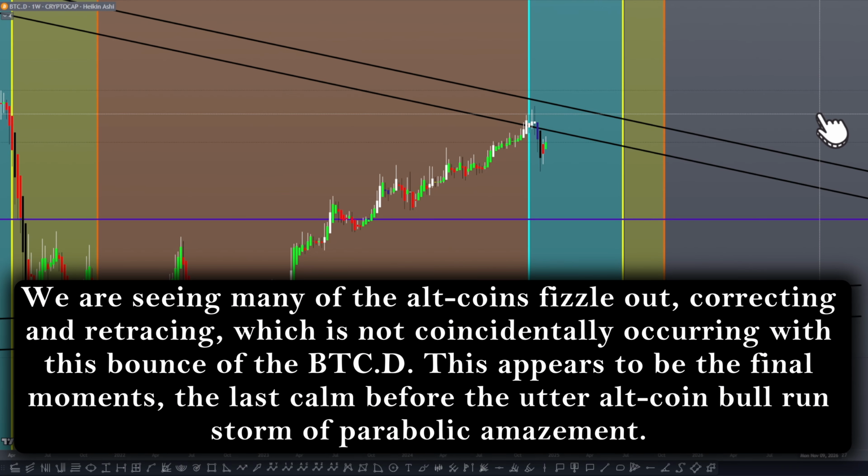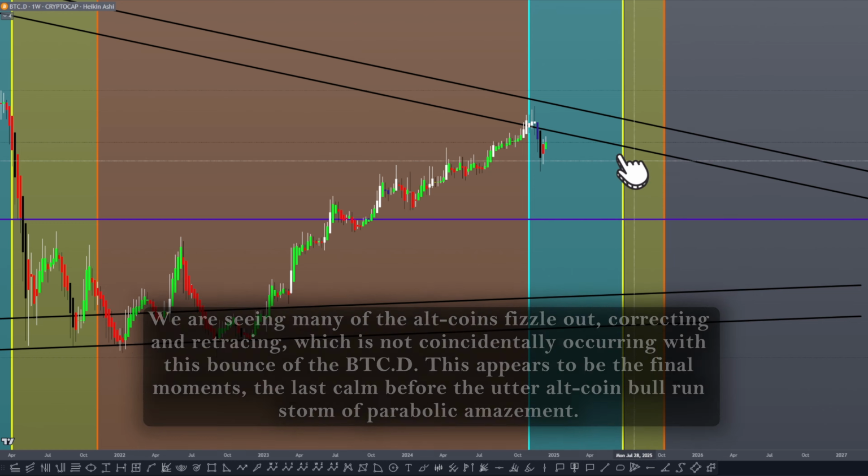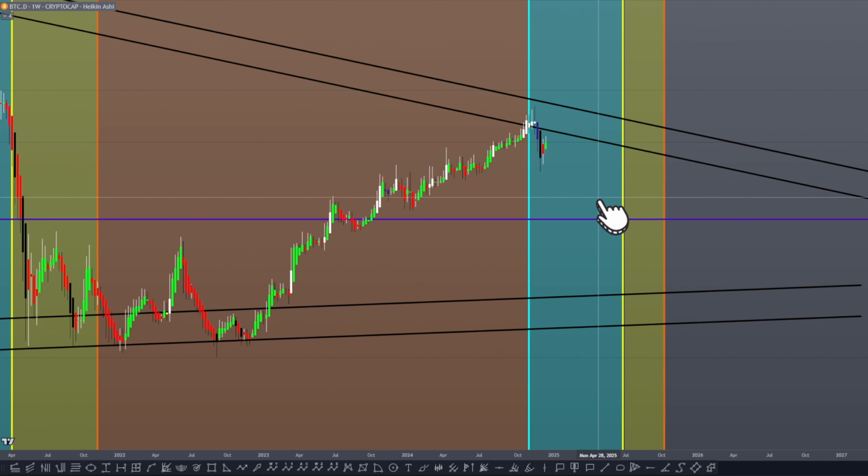It could be literally just a week or a few weeks or maybe a month or 2 away that we're going to start seeing these altcoins go absolutely buck wild, and that will start to show itself more and more as the dominance here continues to go lower and lower towards this purple horizontal trend at 50%.